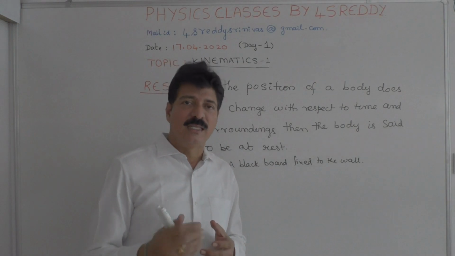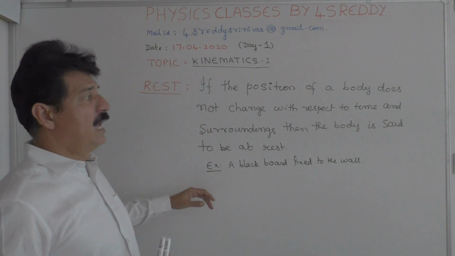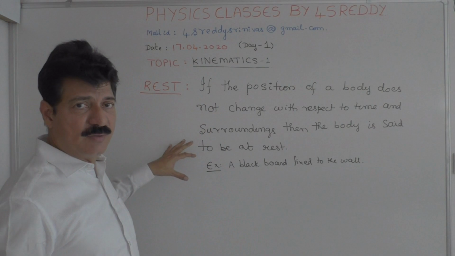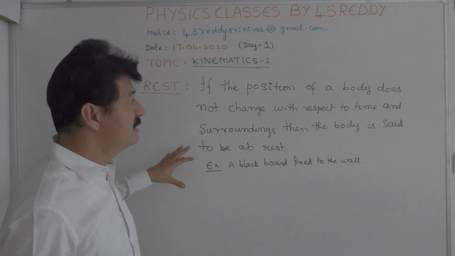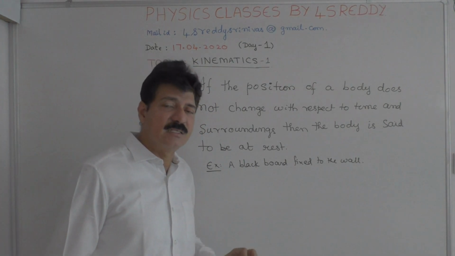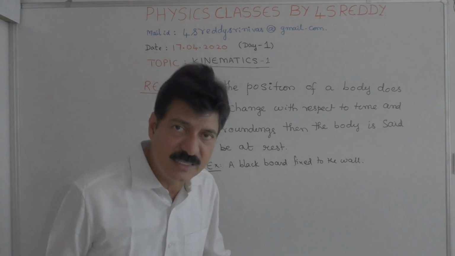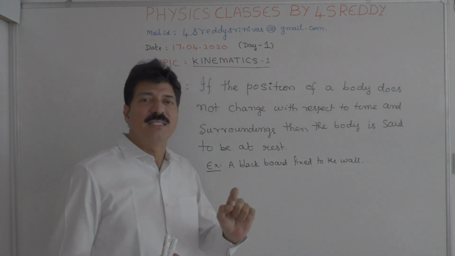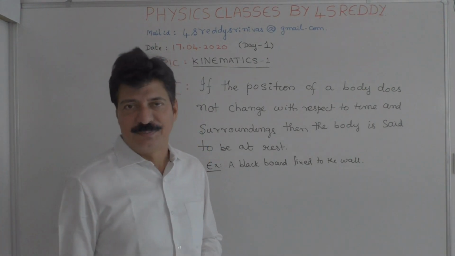Then after 2 hours it is at the same position, after 3 hours also it is at the same position. That means if the position of the body does not change with respect to time and the surroundings, then only the body is said to be at rest.